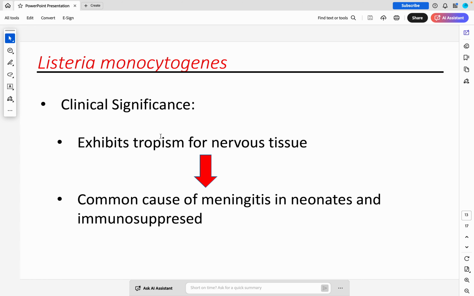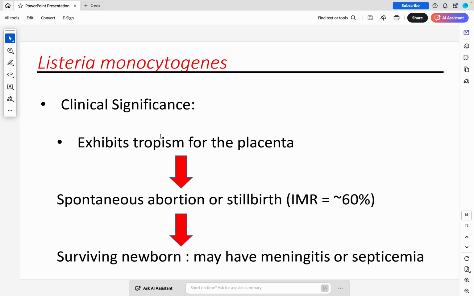Okay. Now, clinically, listeriosis exhibits tropism for nervous tissue, and the species is a common cause of meningitis in at-risk populations such as newborns, immunosuppressed individuals, pregnant women, the elderly, and those with immunodeficiency illnesses. In the case of pregnant women, they prefer the placenta.